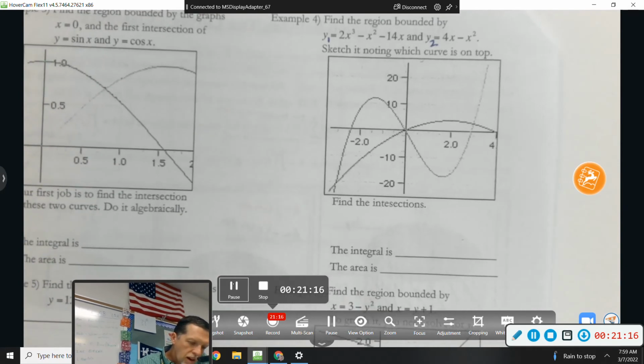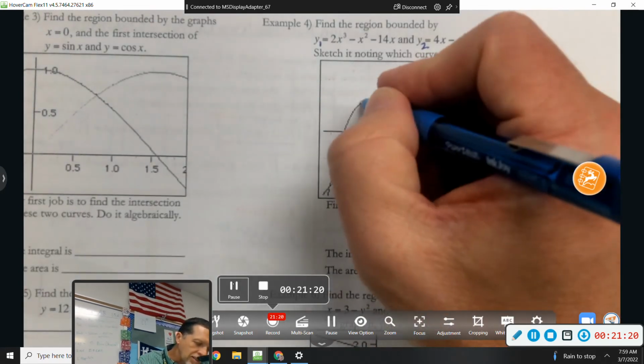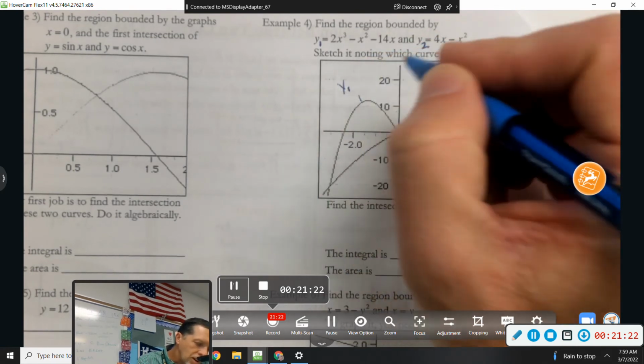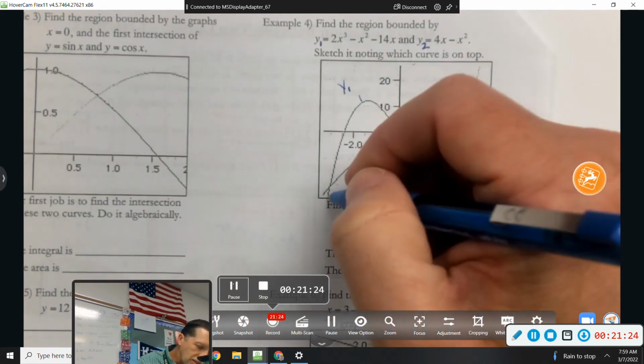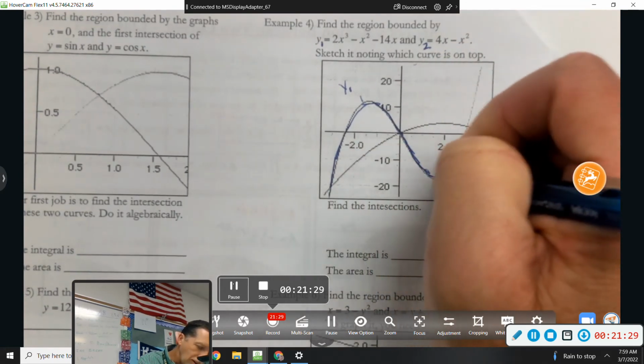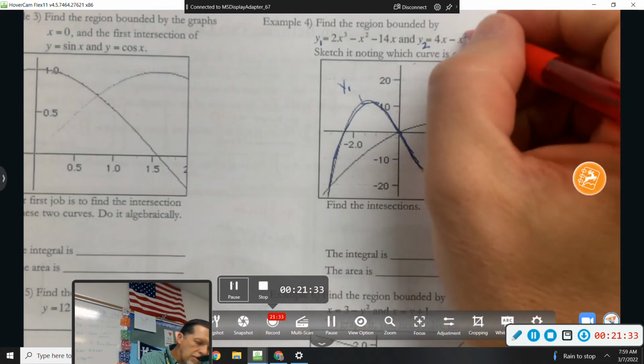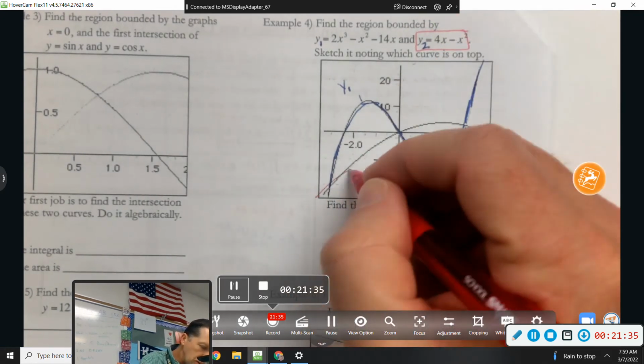One's cubic, one's parabolic, so again, it's not hard to figure out who's who on this one. So y1 is the cubic graph. And we'll make y2 the red one, the parabola.